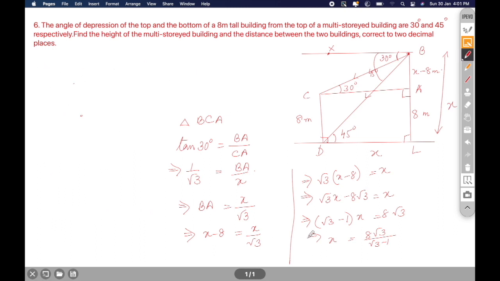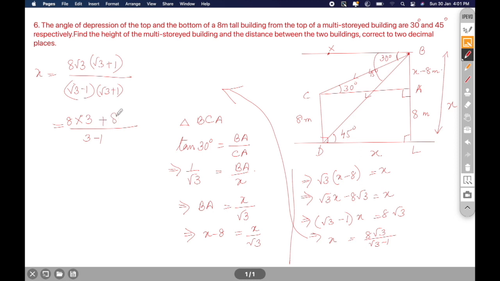So finally I am writing here, x equals 8 root 3 into root 3 plus 1 by root 3 minus 1 into root 3 plus 1, that is the a plus b into a minus b formula used here. So 3 minus 1 gives 2, and 8 root 3 into root 3 plus 8 root 3, that gives 24 plus 8 root 3 by 2.